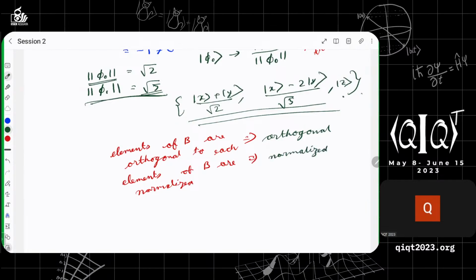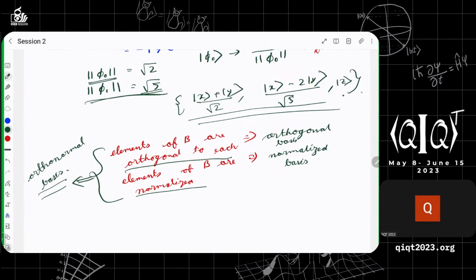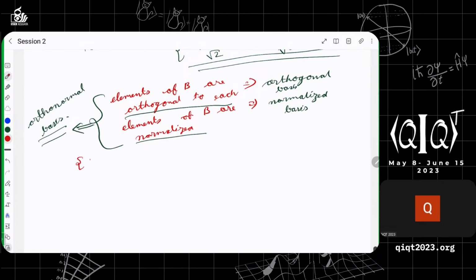But suppose there's a basis which satisfies both the conditions. So the elements are orthogonal to each other and the elements of B are normalized, then we call it an orthonormal basis. Okay, so this is just nomenclature. As you can see, x, y, z: here every vector is a unit vector, or norm 1, and they are orthogonal.